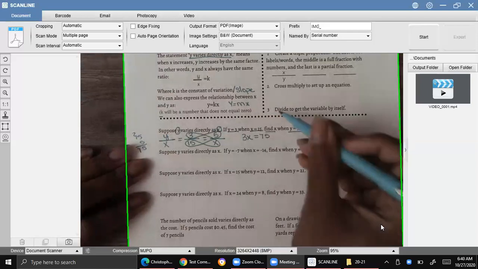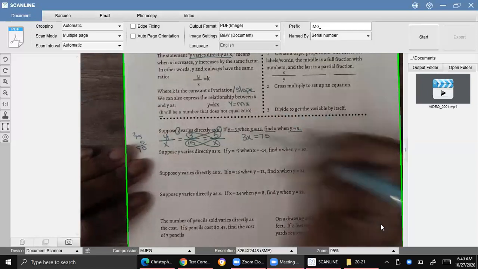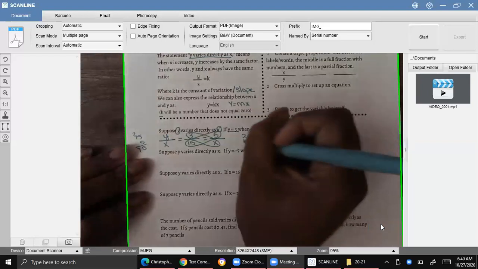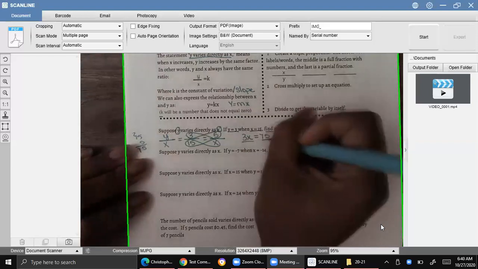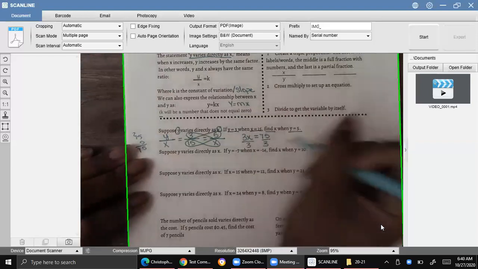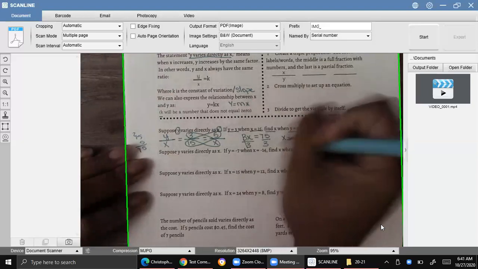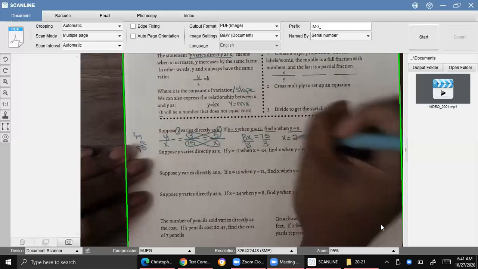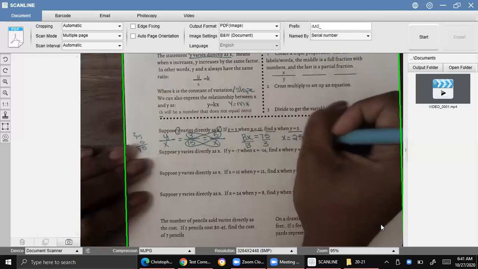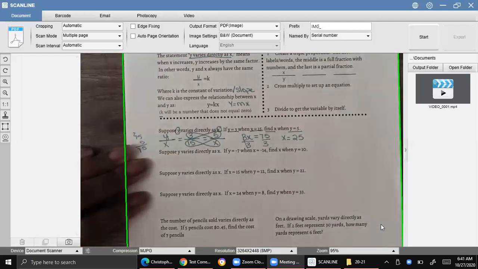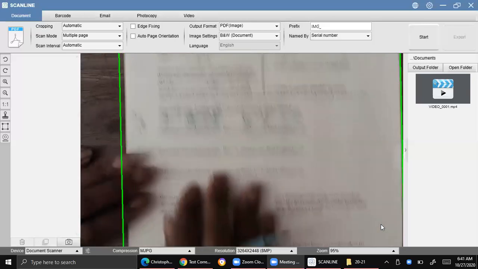And then the last step is to divide to get the variable by itself because we have the variable over here with the number. So we're going to divide both sides by 3. X equals 25. Okay, and that's your answer, and you're done. So let's go through it again.